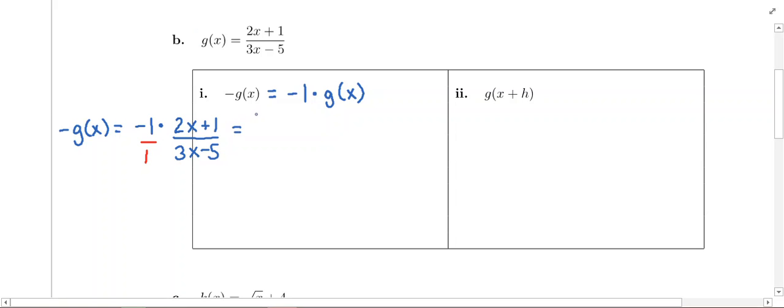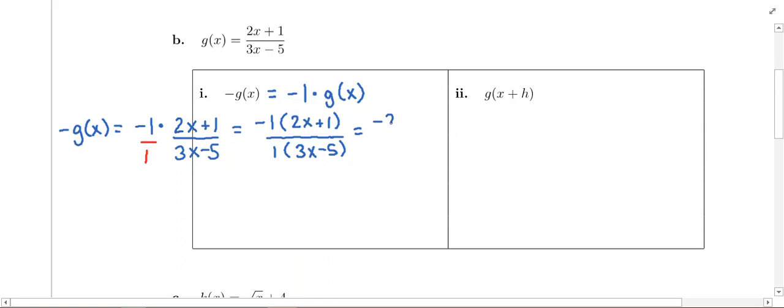And then hopefully you remember how to multiply fractions. To multiply fractions, you need to multiply across the top and you need to multiply across the bottom. So if we multiply the numerators together, we're going to get negative 1 times the quantity 2x plus 1. You have to put that 2x plus 1 in parentheses because you're going to have to distribute that negative sign. And in the bottom, we're going to have 1 times 3x minus 5. Okay, and so now we simplify. In the numerator, we can distribute the negative sign.